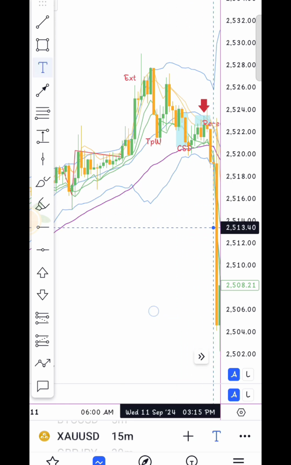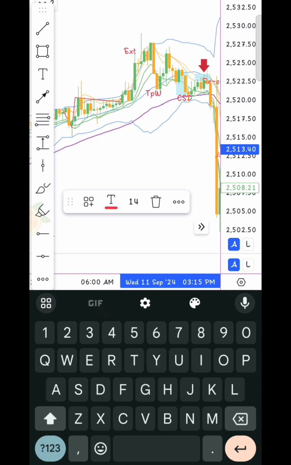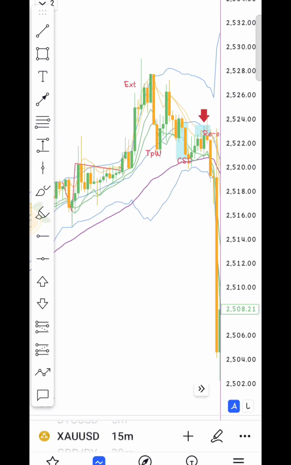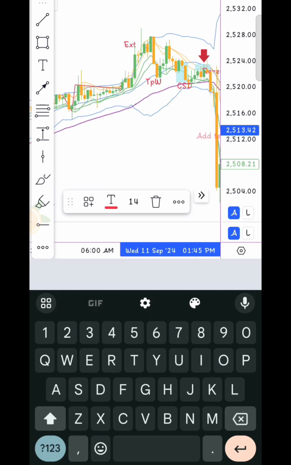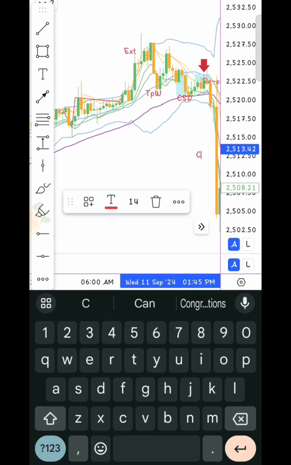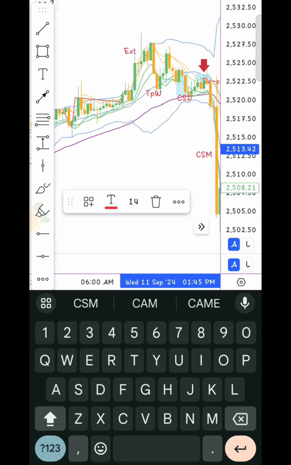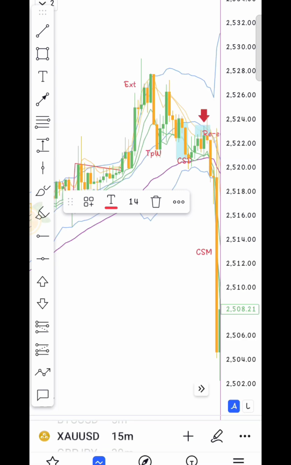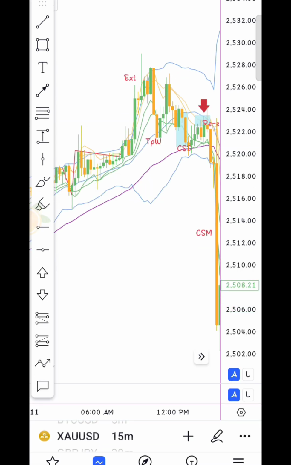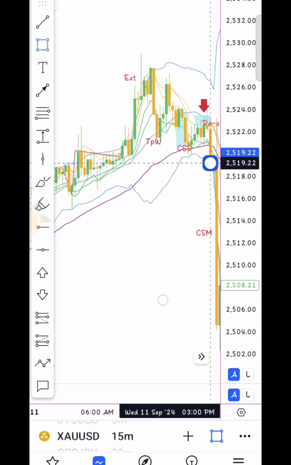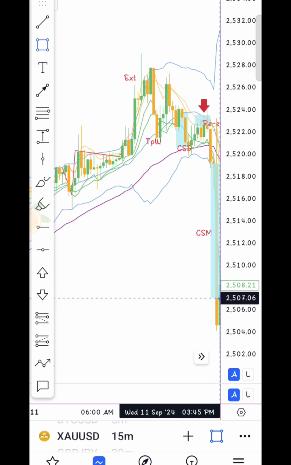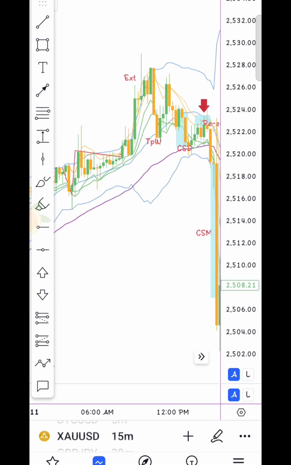Remember I said that CSM is whenever price is closing outside of the Bollinger Band. So here price has closed outside of the Bollinger Band. This candle closed outside of the Bollinger Band, which indicates selling pressure, that sellers are now in the market.